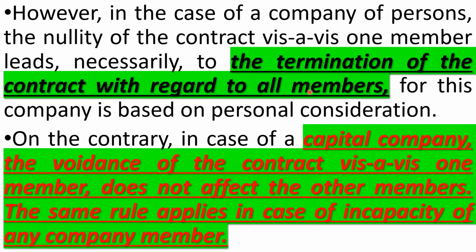On the other side, in a capital company, the voidness of the contract with regard to one member doesn't affect the other members. The same applies in case of incapacity of a member.